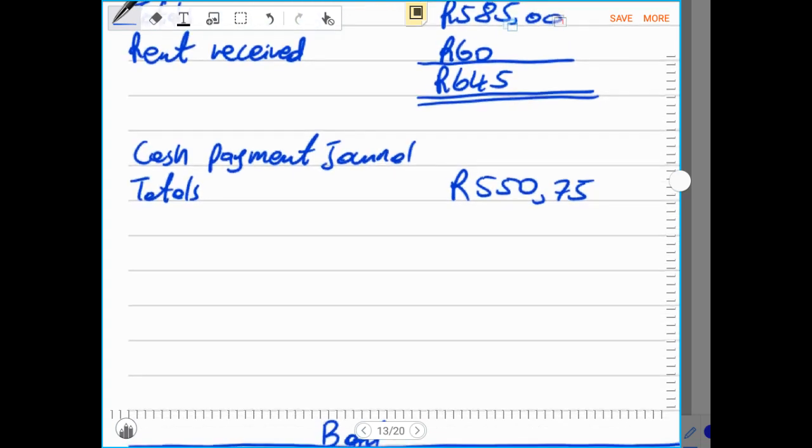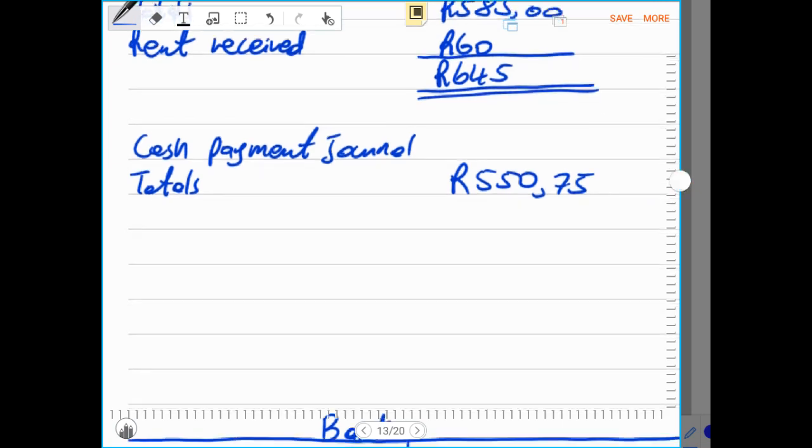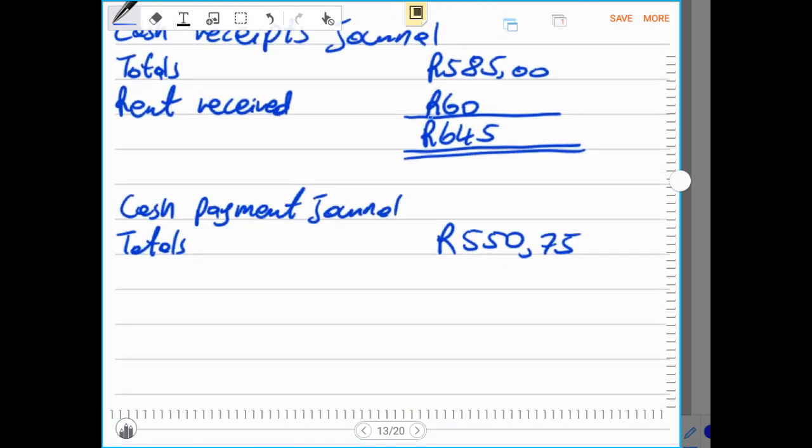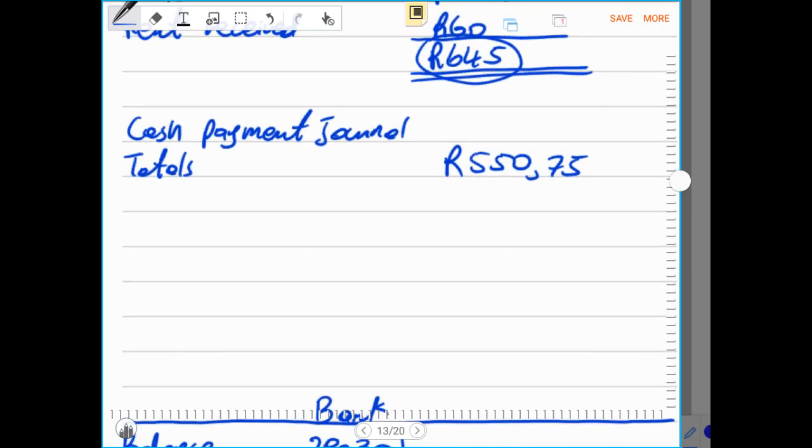Remember, the receipt goes to the debit side of the bank account. Just to complete that, total receipts is 645. This is the total after we have done the adjustments or the reconciliation.